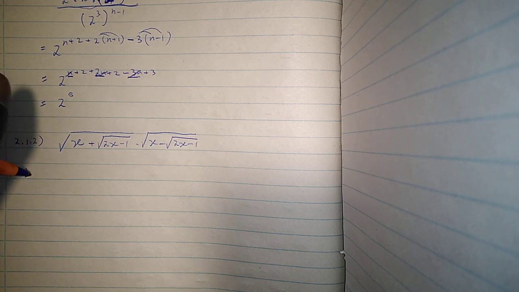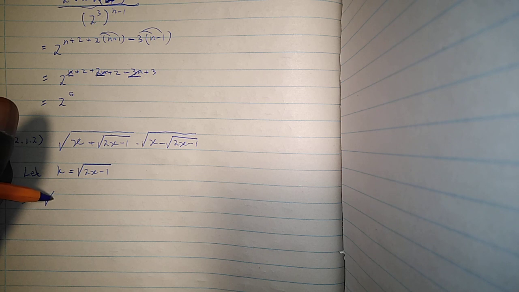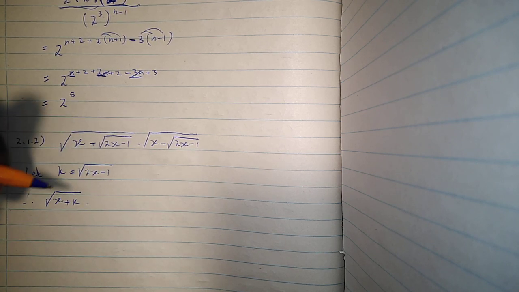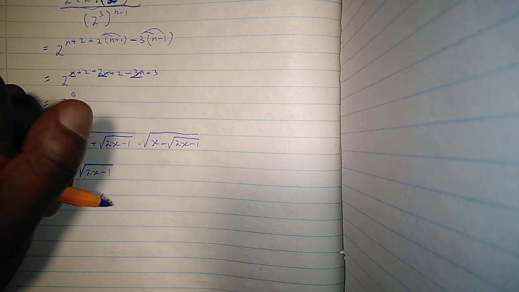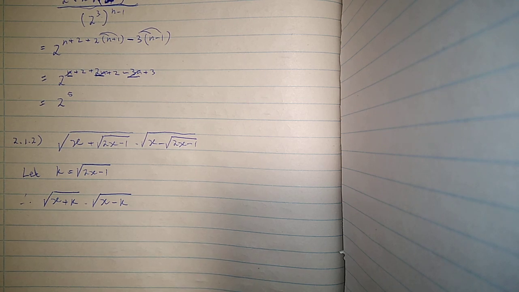So you can let K be 2x minus 1, so that you have a simpler question: square root of x plus k multiplied by square root of x minus k. This is your new problem. It's a K problem.